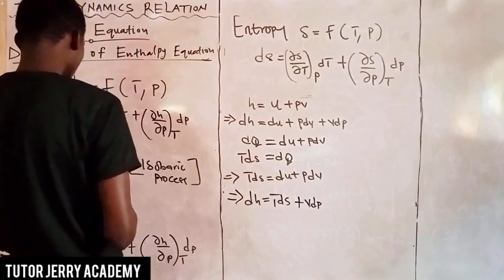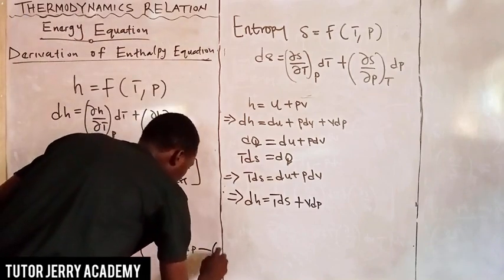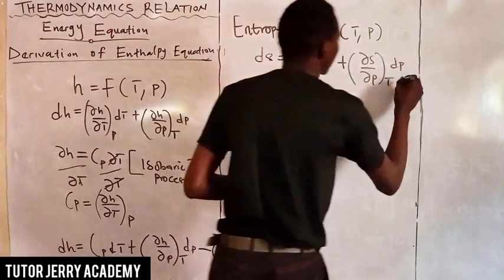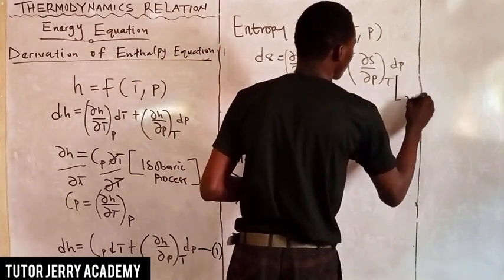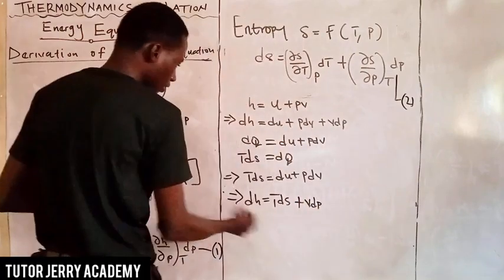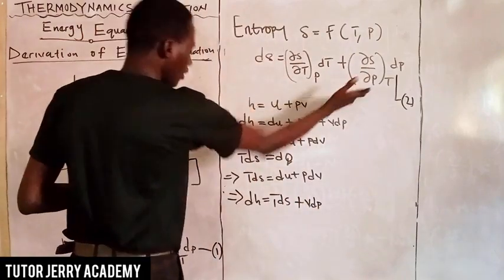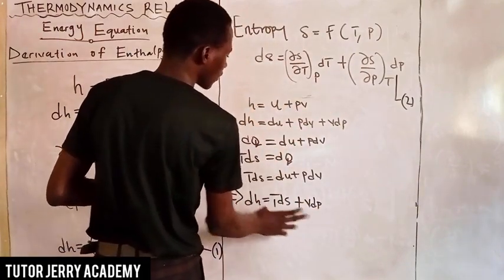We can call this equation 1, and let's call this equation 2. We are going to substitute the value of dS, which is this, for dS in this equation.